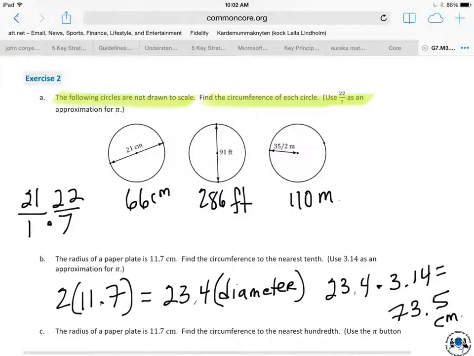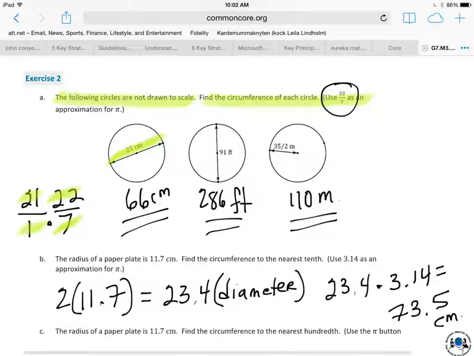Okay, so here we are back. In A, they asked you to use 22 over 7 as an approximation for pi. I guess they did that because all the answers came out evenly, which was wonderful. Thank you to them. For the first one, it was 21 over 1, 21 centimeters times 22 over 7.